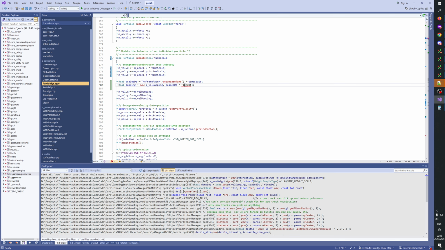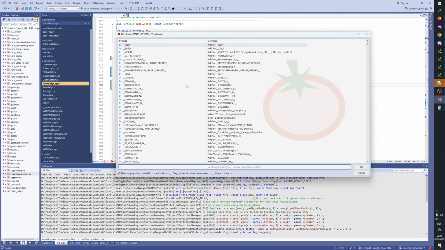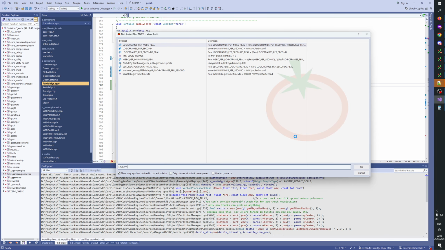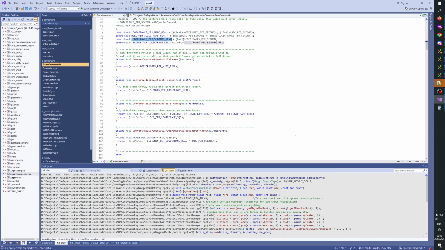The fixed dt is logic frames per second, real, right? This one, seconds per logic frame.